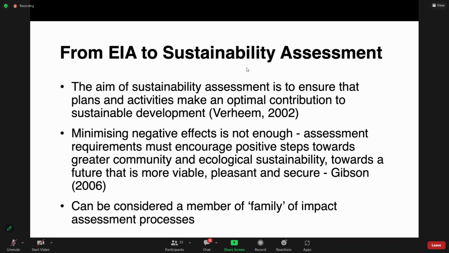And the key thing is now the focus is not just on minimizing negative effects, but also encouraging positive steps towards enhancement of the current situation. Making sure that we have a future that's more viable, pleasant, and secure.